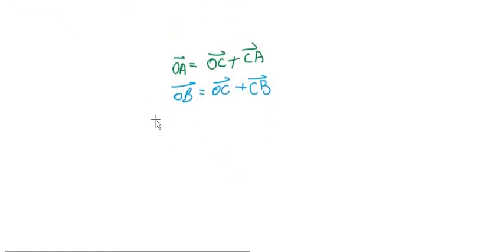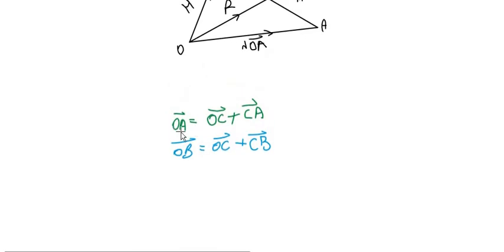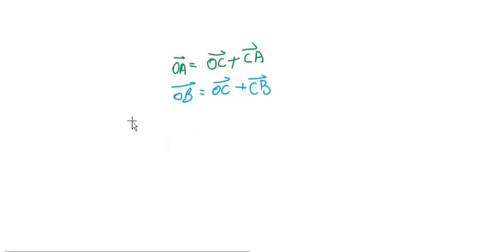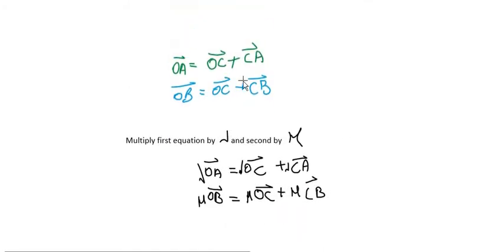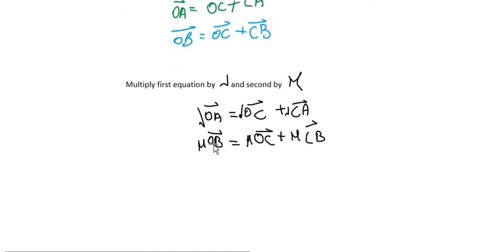From here, you have to multiply the first equation with lambda and the second equation with mu. Now I have multiplied the first equation with lambda and the second equation with mu. So I have got lambda OA equals lambda OC plus lambda CA, and mu OB equals mu OC plus mu CB.